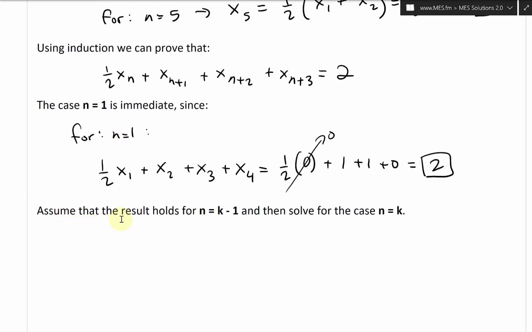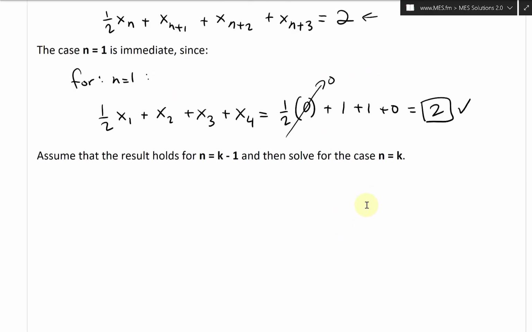Now let's assume the result holds for n equals k minus 1. I'll put a check mark indicating it's true, so this equals 2. Then we solve for the case n equals k.